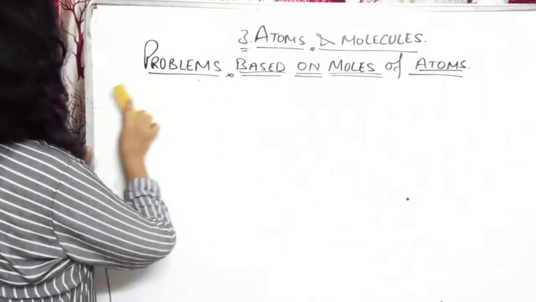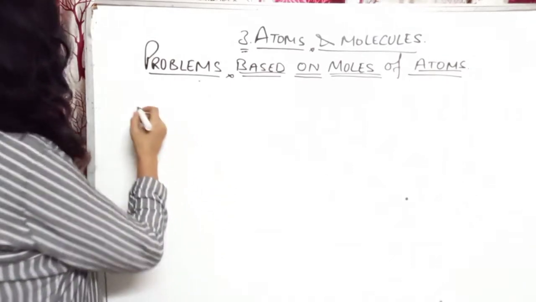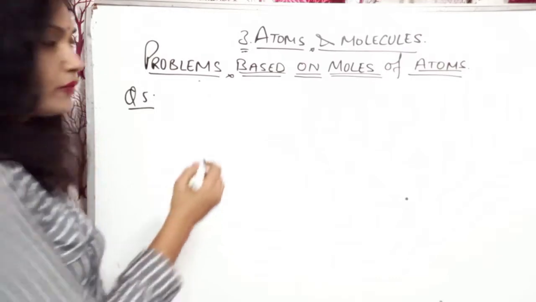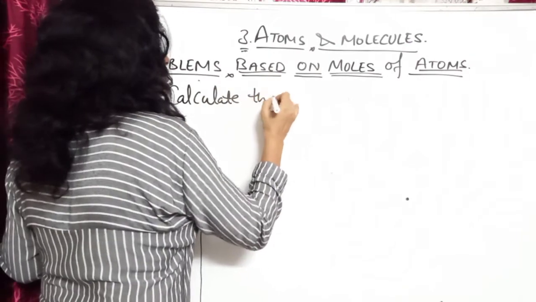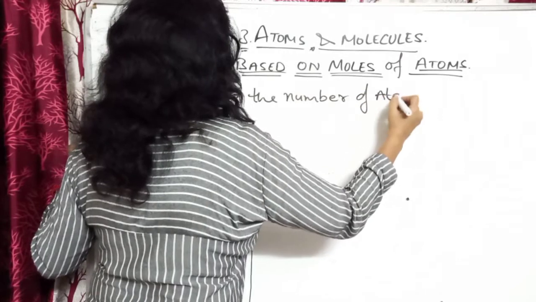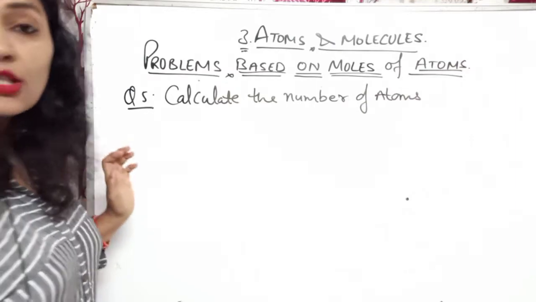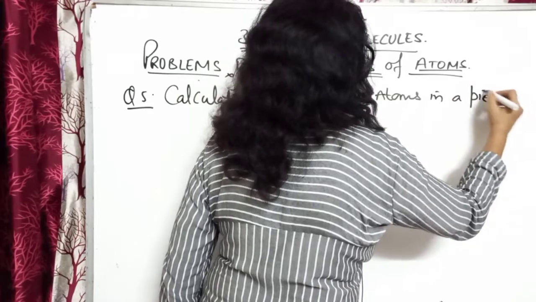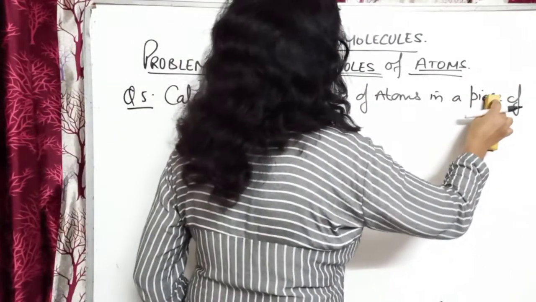Okay, so let us write the next problem, that is question number 5. Calculate the number of atoms in a piece of iron.